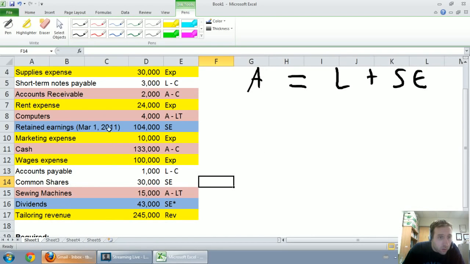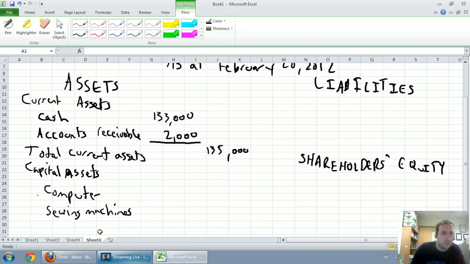Our computer was worth $4,000 and our sewing machine's $15,000. That was computers with an S too. You always want to be consistent with what's given in the question. So our computers were 4 and our sewing machines 15. 4 plus 15 is 19.